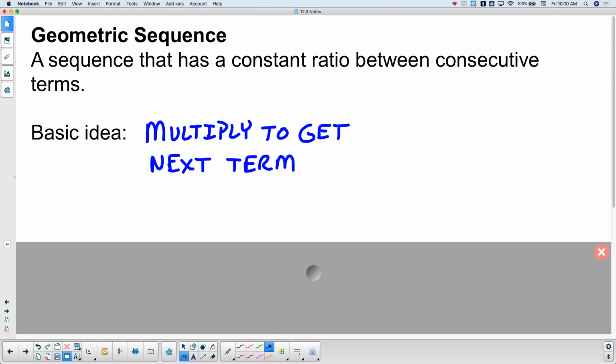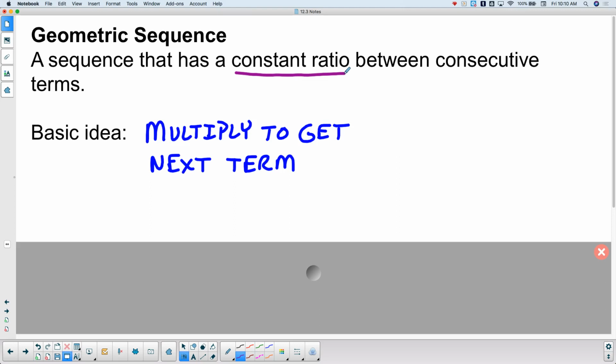Now, that ratio it's talking about up here, common ratio, constant ratio, ratio, all mean the same thing. We're going to call that r in geometric. In arithmetic, we call that difference d. Now it's a ratio.